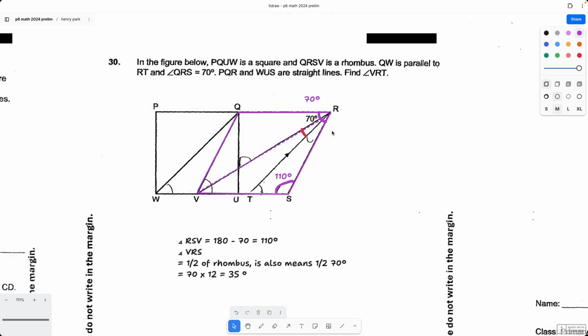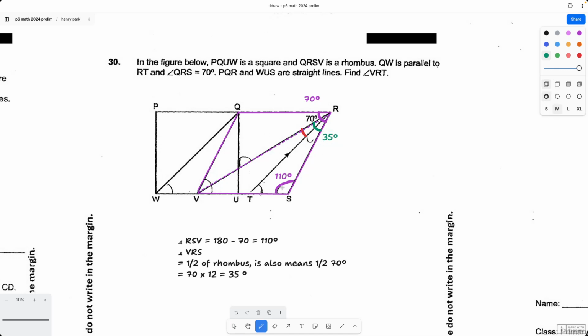So half of this, let me make this green as well. This over here is 35 degrees. Since we know this is 35 and this is 110, that means this is also 35.